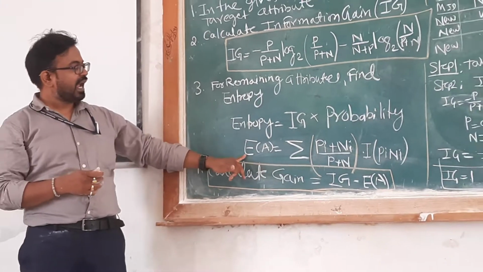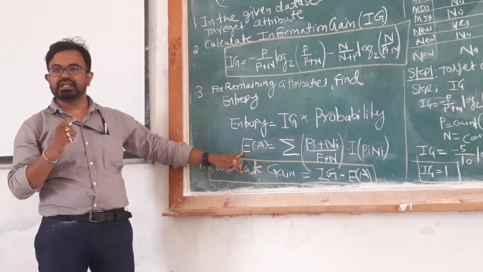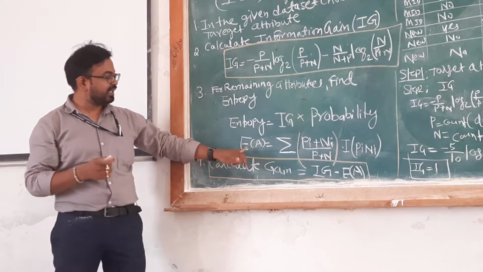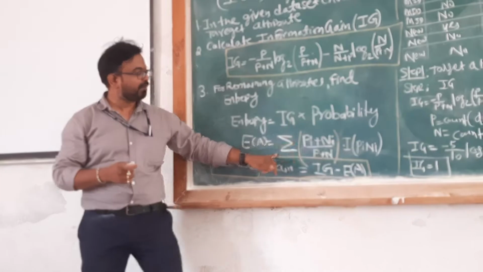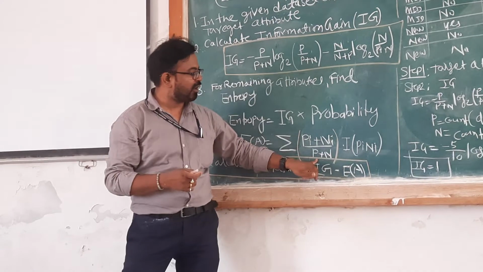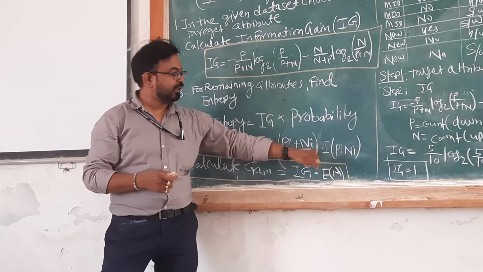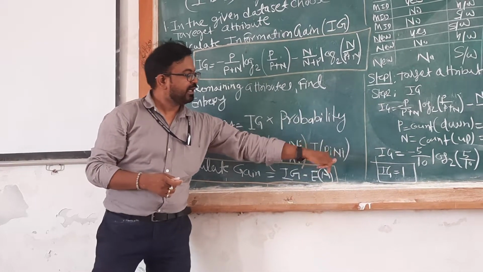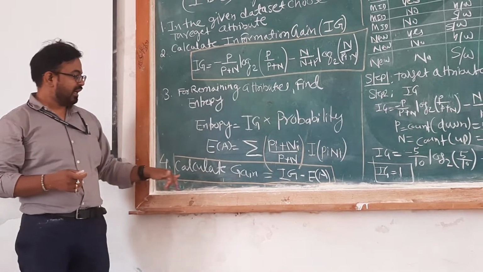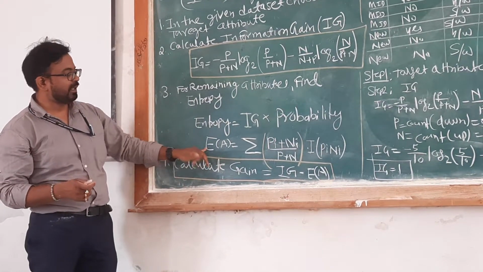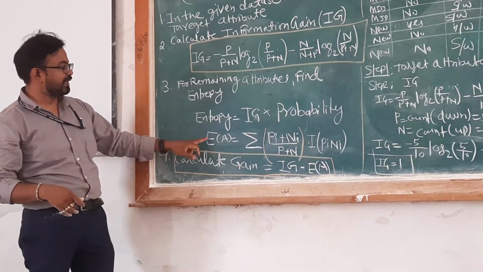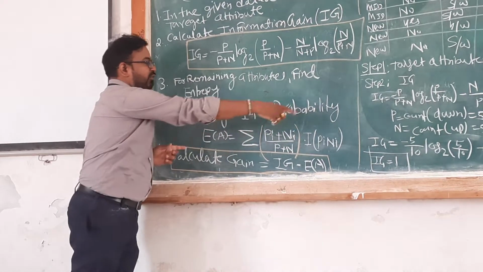So the entropy formula is E(A), the summation of (Pi plus Ni) upon (P plus N) into I(Pi, Ni). This is the formula for entropy.